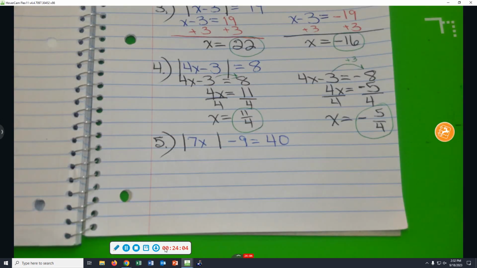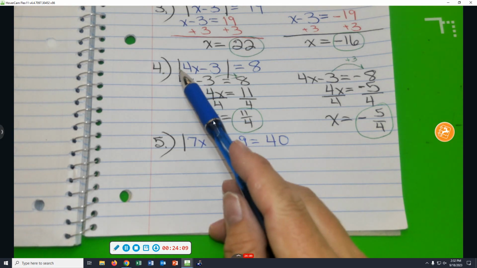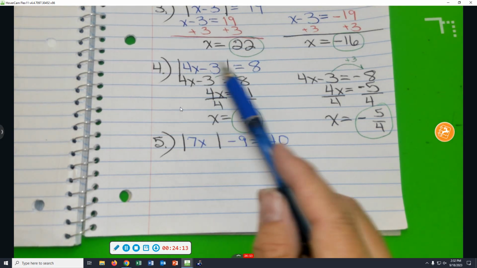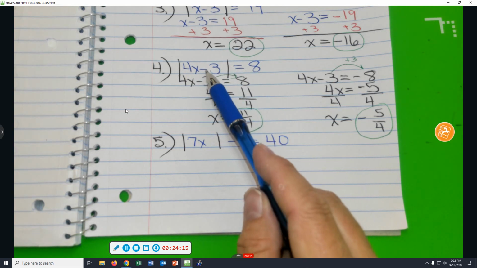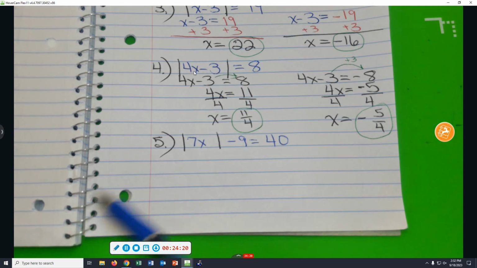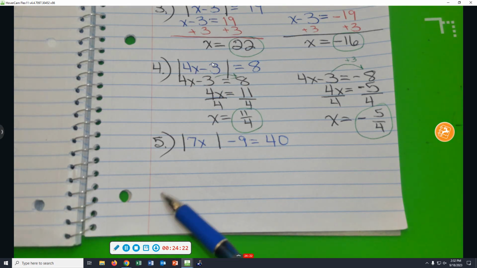To try to stop that from looking like 17x, you'll notice what I'm trying to do, although it may be hard to tell. I'm trying to put those absolute value bars in a different color from the stuff inside there, so it doesn't look like a 14x minus 31. Okay? There's only one correct first step here.